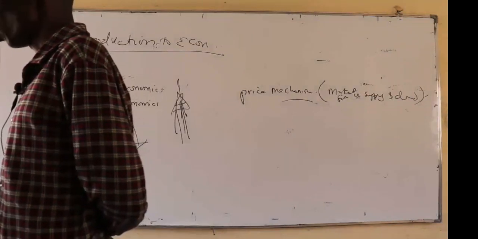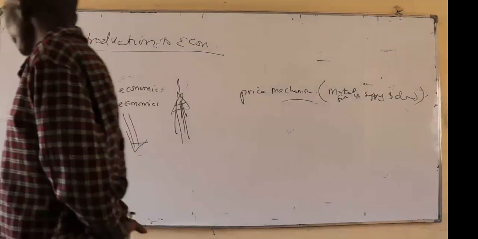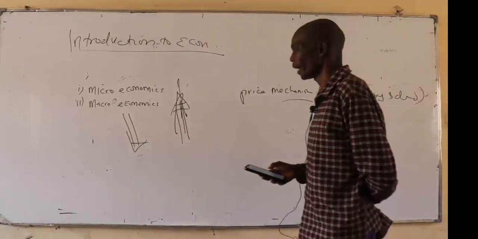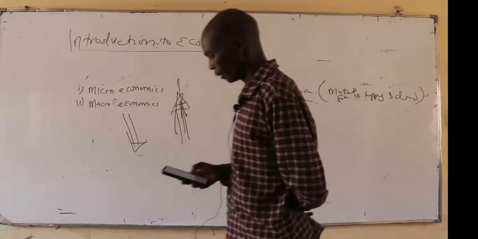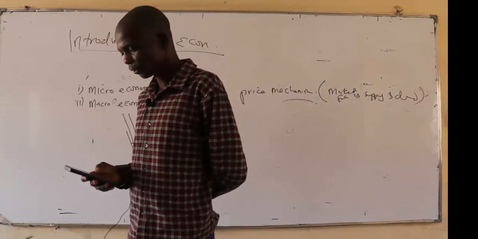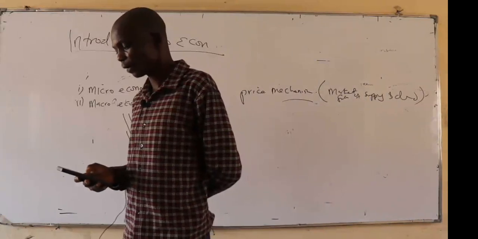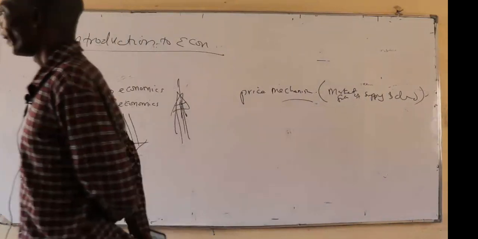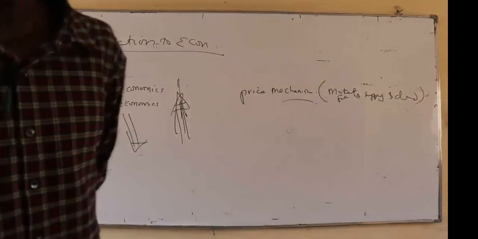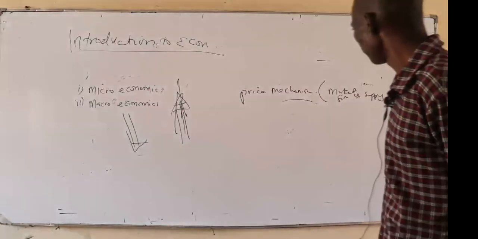When the prices are low, it's an indication of decreased demand, and therefore the producers will be shying away from producing that product. So in a free market economic system, the decisions about resource allocation are made by the individuals on the basis of the prices generated by the market forces of demand and supply.